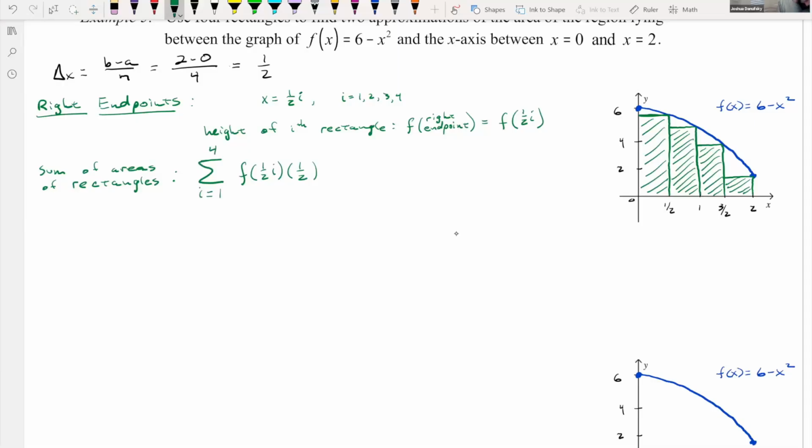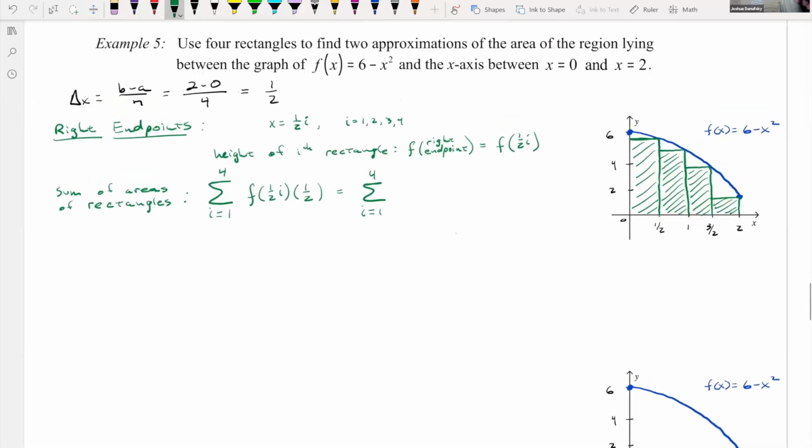So we need to simplify this into an expression that's easy for us to work with. So here we go. We're going to have the sum i equals 1 to 4. We are going to plug in 1/2 i into our function. That's how we get the height of each rectangle. In other words, we're going to take 6 minus x squared. Instead of x, we're going to plug in 1/2 i.